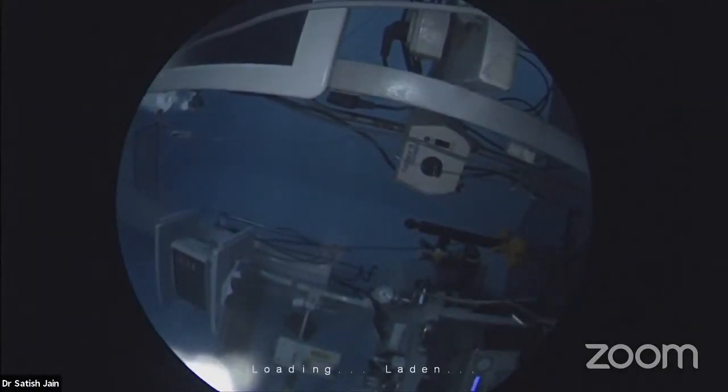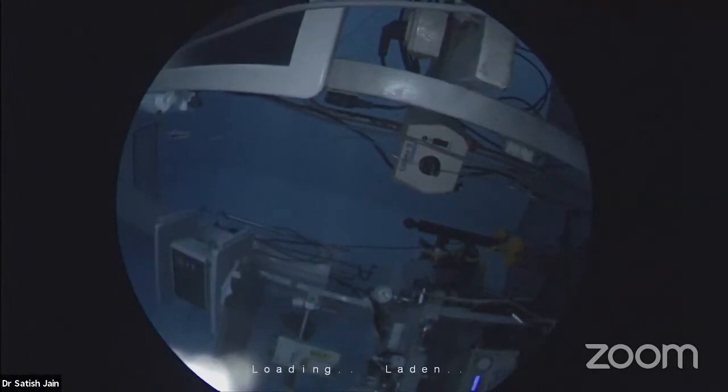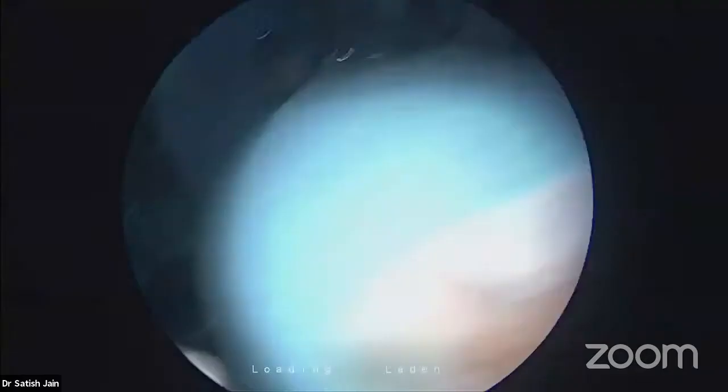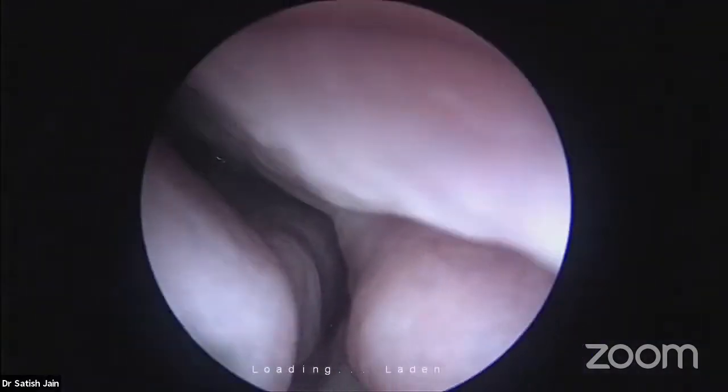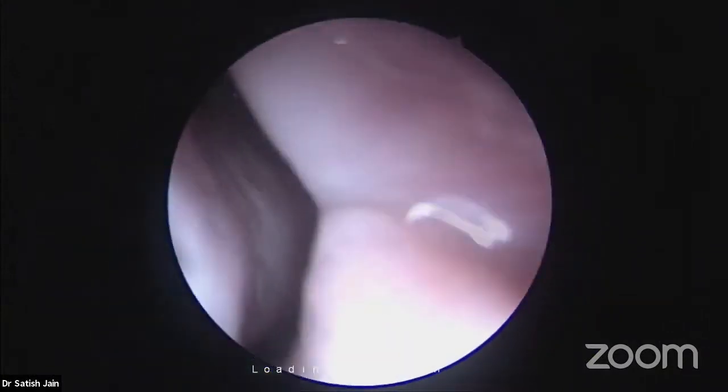So in sinus surgery, the first thing when it comes to surgery is the preparation. We need to prepare our patient thoroughly to get a good surgical field. The preparation has a role to improve the surgical field, and that should start even days before the surgery to reduce the vascularity.